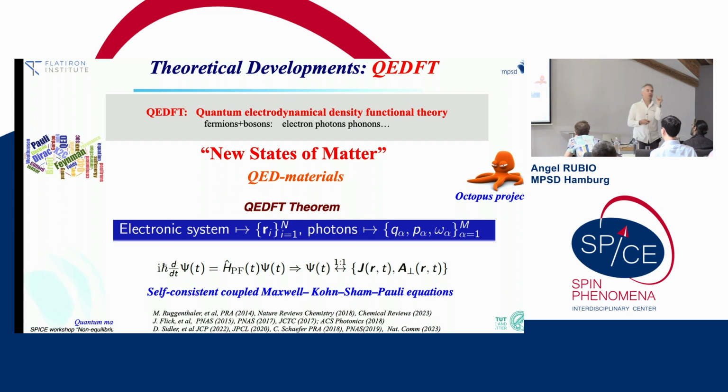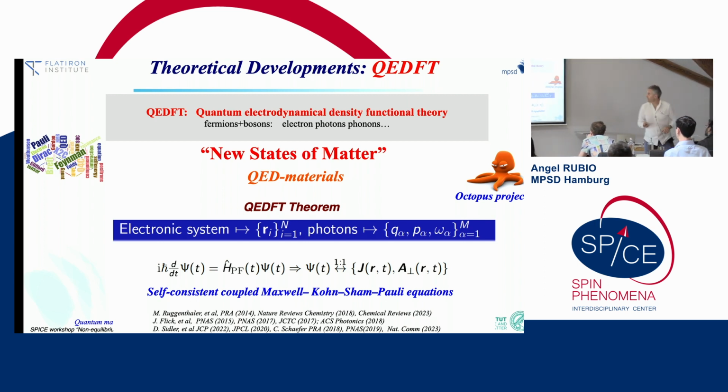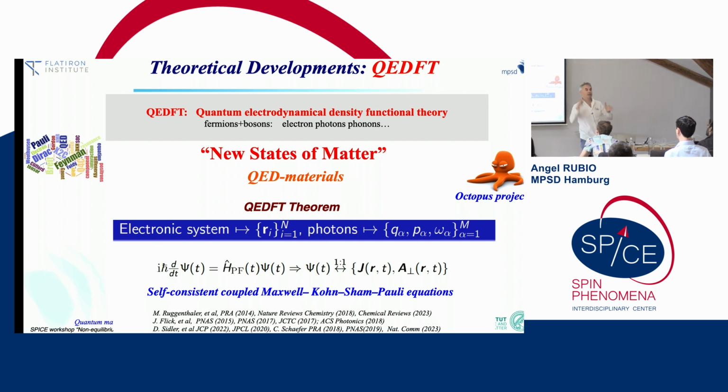You only need two quantities, which is really a simplification. The only thing is that you don't know the functional, okay? But this is a big thing, because then you have a one-to-one correspondence, and this is exact. And if you just plug it in, eventually this ends up in having to solve a set of N independent Schrödinger equations coupled to N independent Maxwell equations for the photon field.